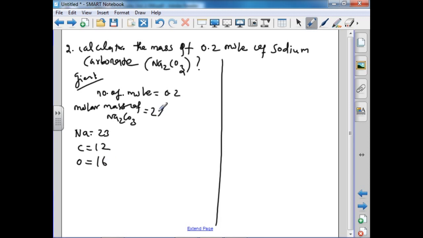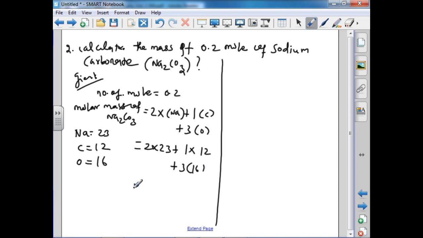So 2 atoms of sodium plus 1 atom of carbon plus 3 atoms of oxygen. So 2 into 23 plus 1 into 12 plus 3 into 16. 46 plus 12 plus 48 equal to 106 gram mole inverse.